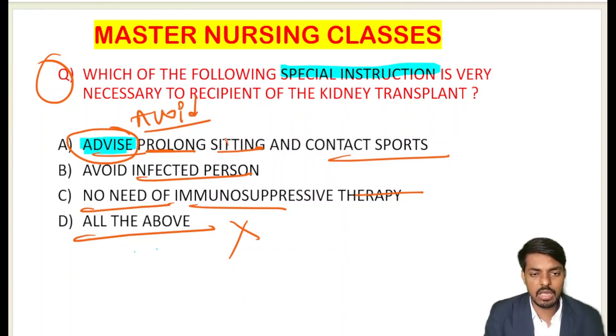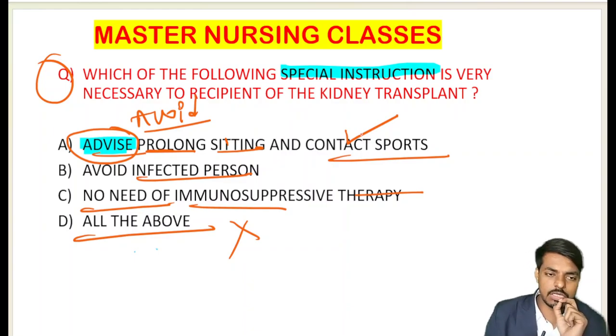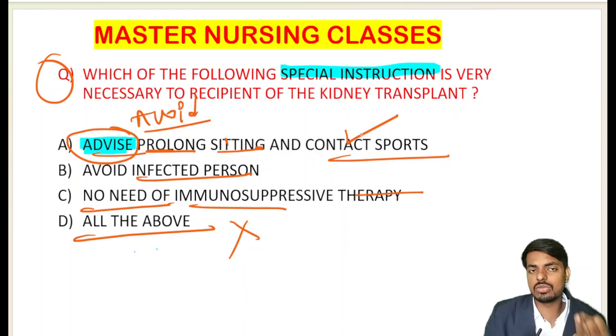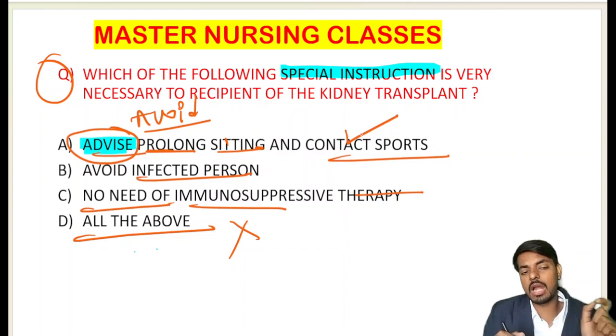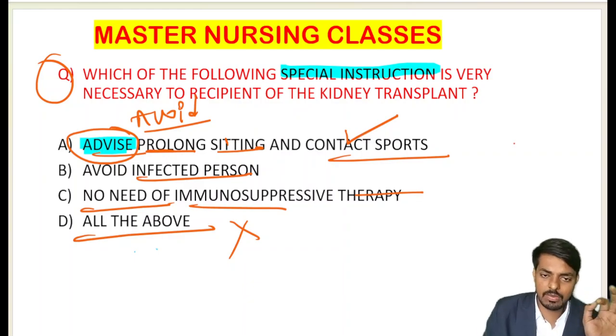We will avoid prolonged sitting, and we will avoid contact sports like kabaddi, wrestling, and football, where there is a high chance of direct hitting at the transplant site and damage to a vital organ. So we will advise avoiding prolonged sitting and contact sports. But the option says advise, and we will not advise it. So this is not our answer.